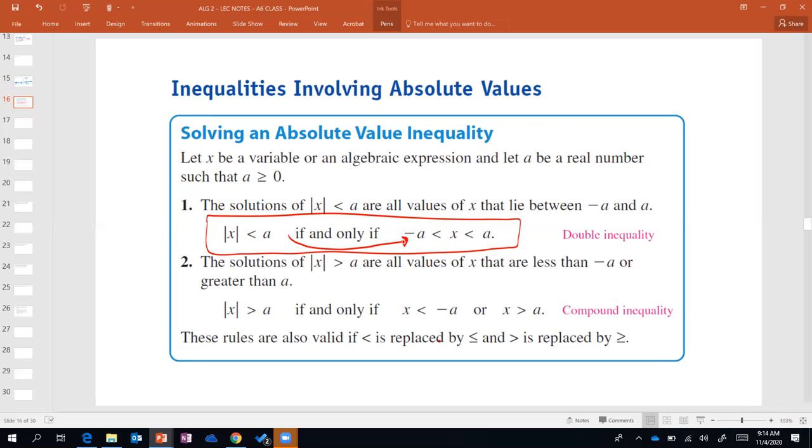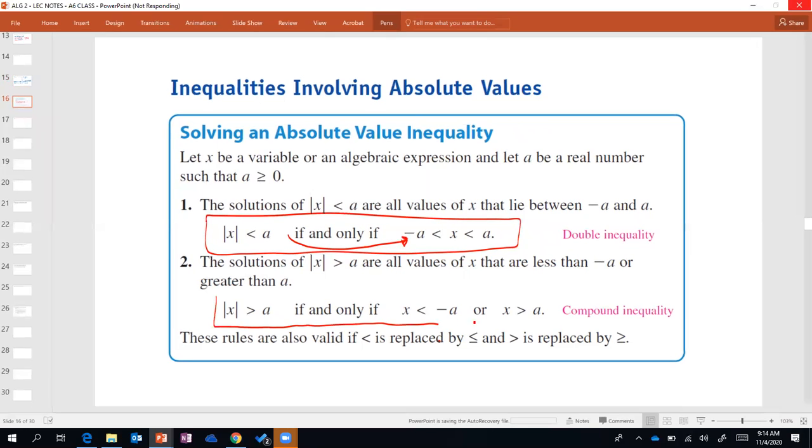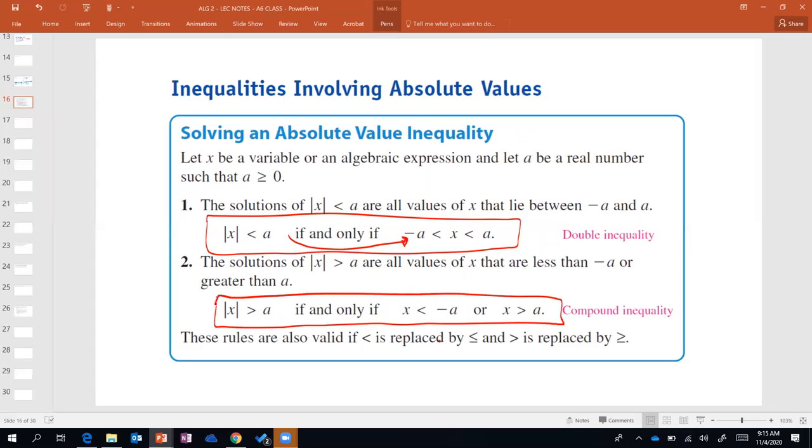We good? So if the absolute value is less than a positive number, it's bounded. It's bounded within a little set, and we can write it using short notation. If the absolute value of something is greater than a certain number, then it's not bounded. It's going off in 2 separate directions.